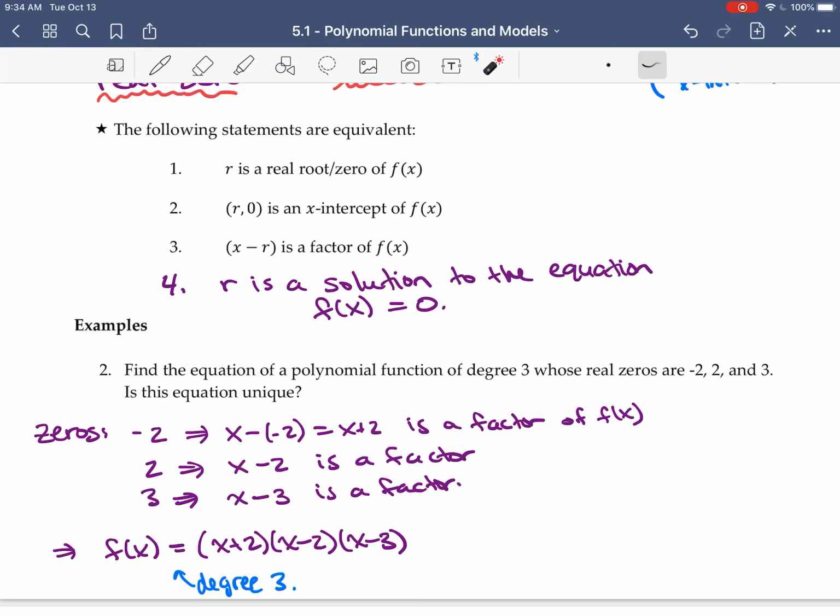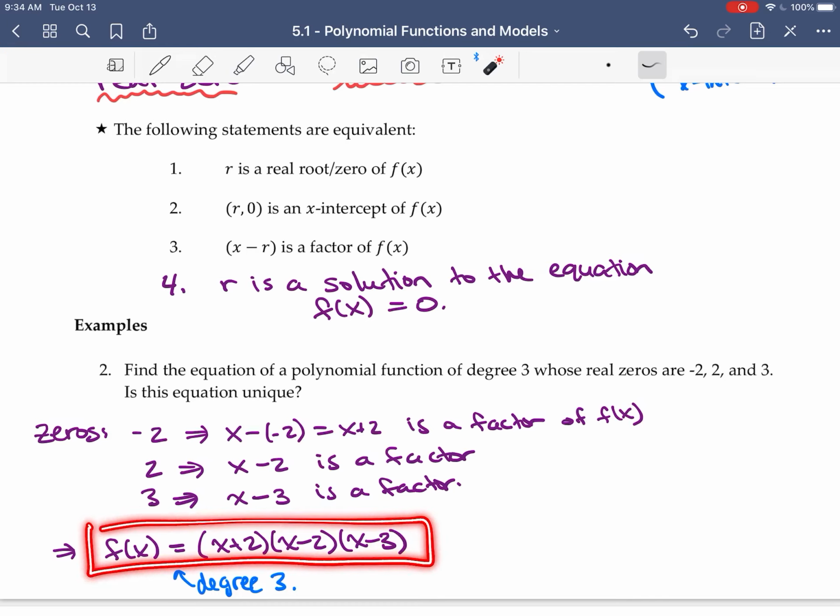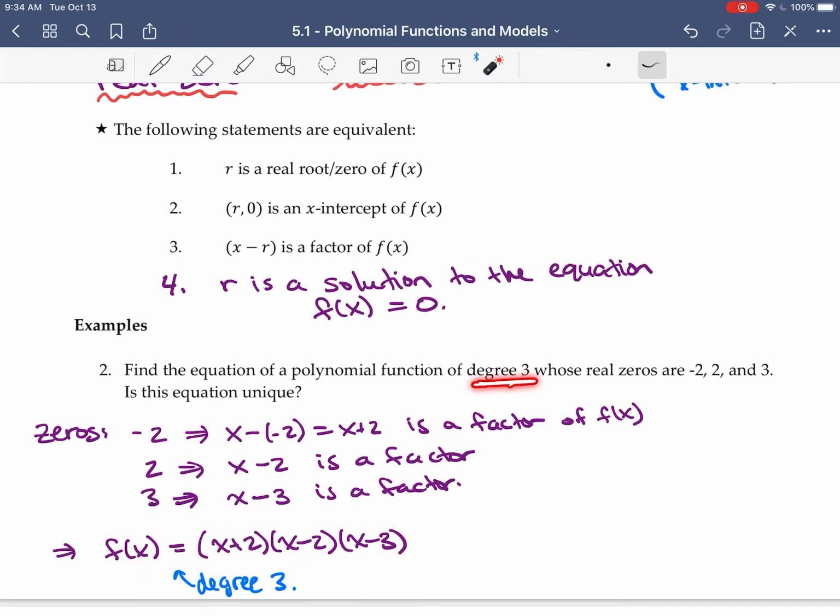So that's going to be degree 3. So this would be a polynomial that is degree 3 and that has these zeros, because negative 2 makes it 0, positive 2 makes it 0, positive 3 makes it 0. Now is this unique?